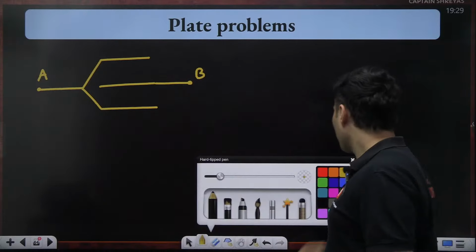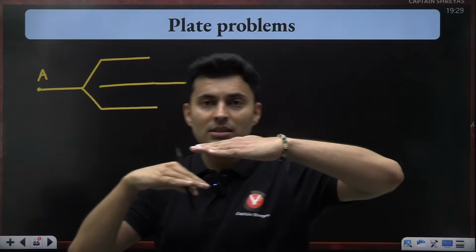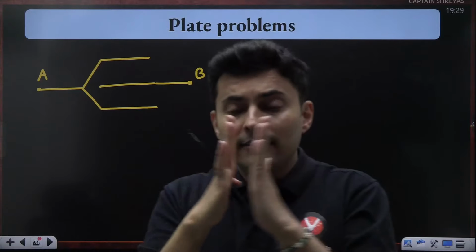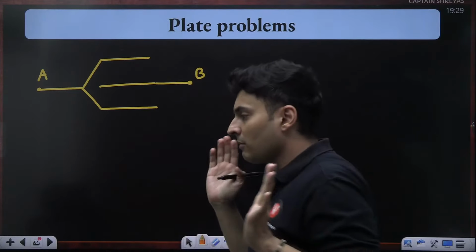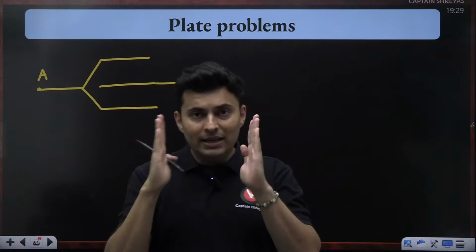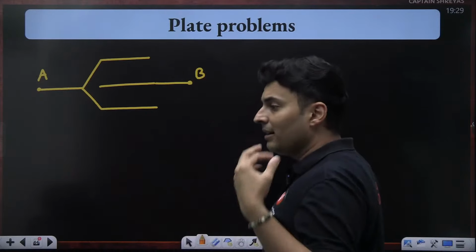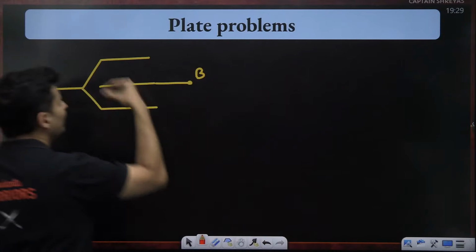Very straightforward. Each plate will have two surfaces, and a capacitor is made of two plates with two surfaces facing each other with opposite charges. Each capacitor is nothing but two plates with two surfaces internally facing each other. So just try to identify the capacitors. There are some faces which are not even facing anything.